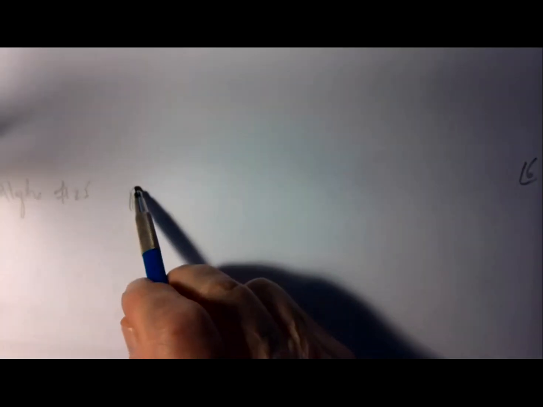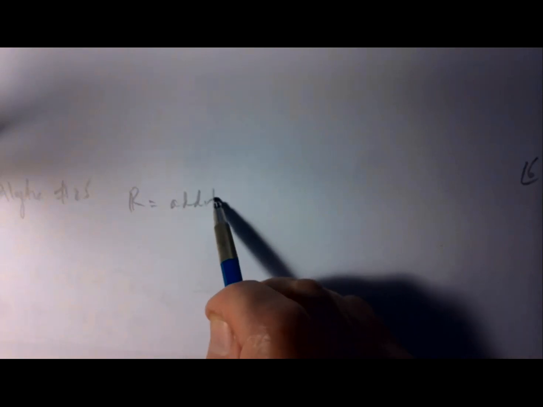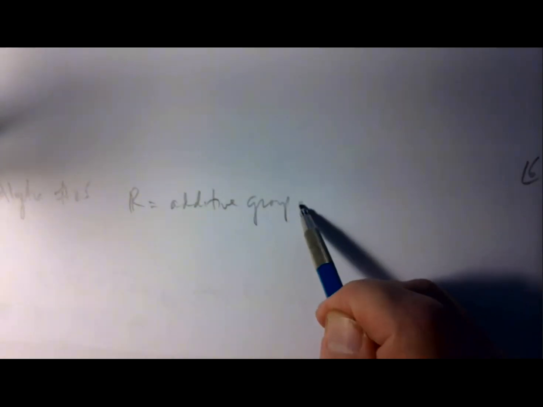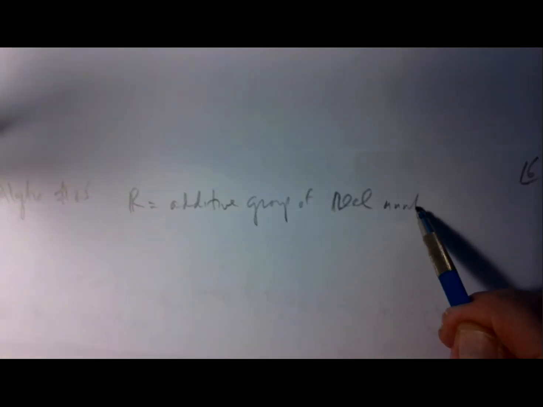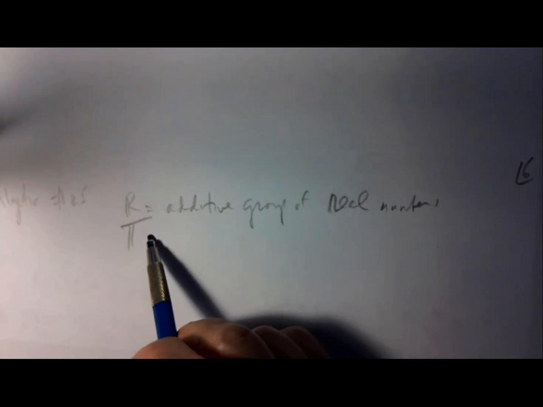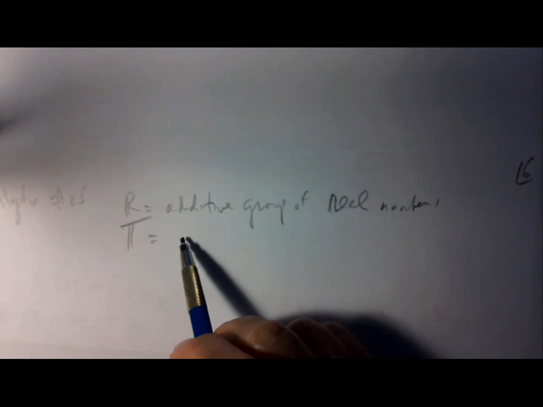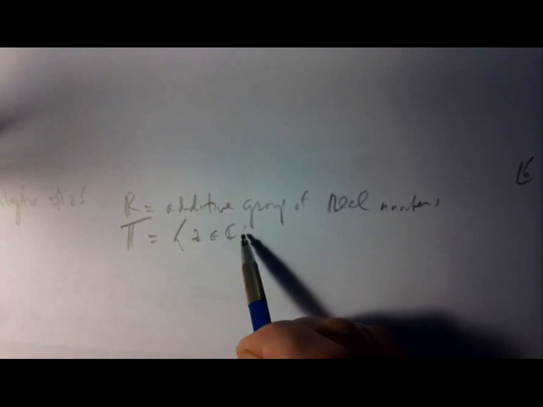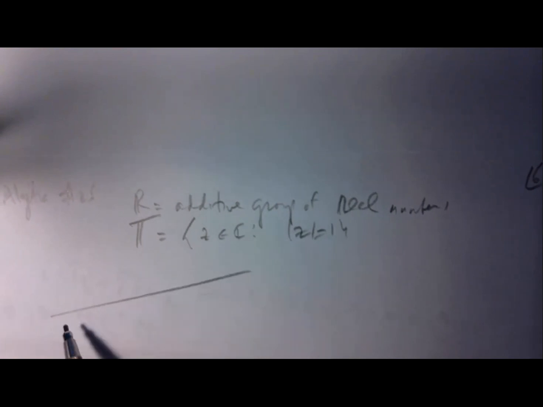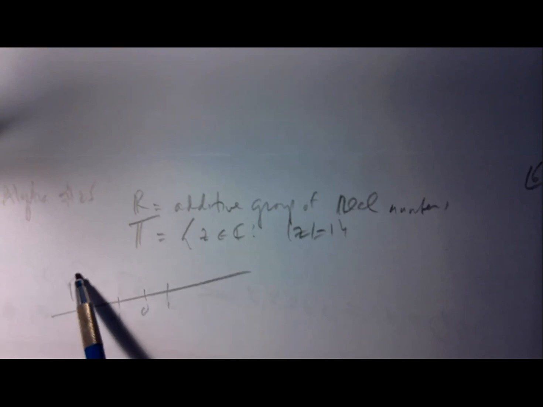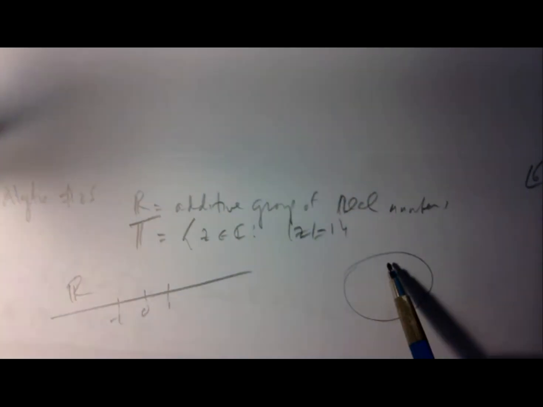So this is just like the problem we did with the sine and the cosine. So R is the additive group of real numbers. T is the complex numbers of absolute value 1. So R is just the line, and T is the unit circle.